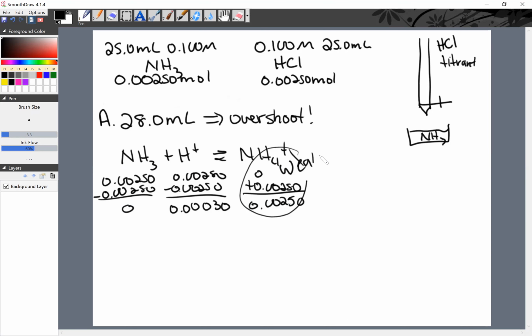Yes, it will donate some protons, but not very many. This is excess. But I can't take the negative log of a mole, so I'm going to convert it back to molarity. Right now I had my original 25 and I added 28.